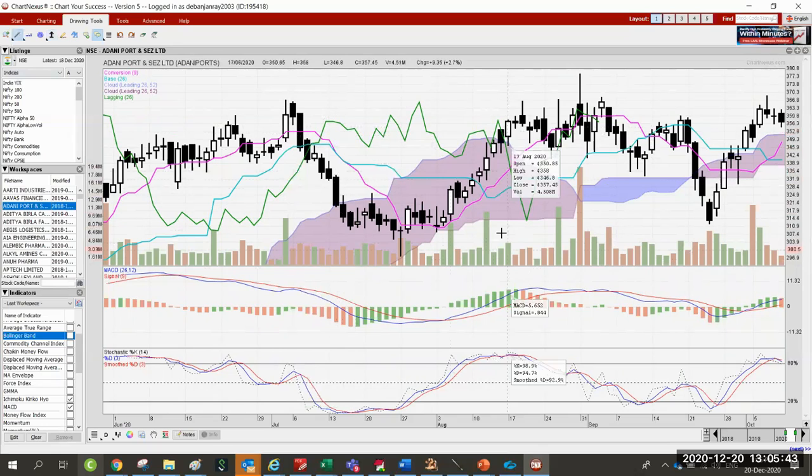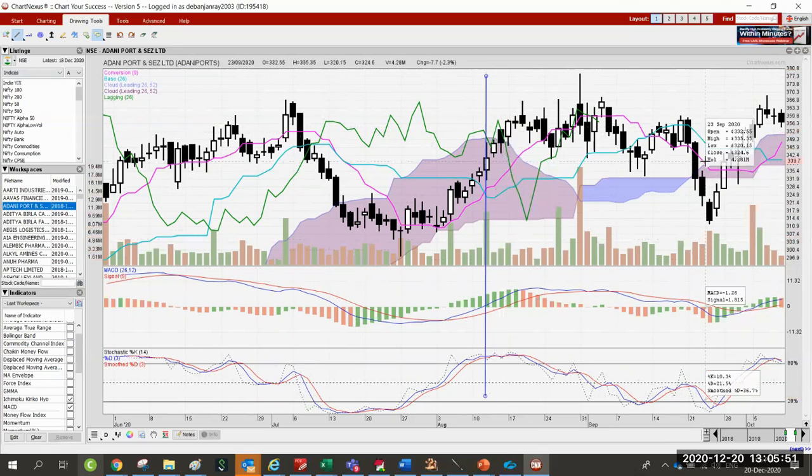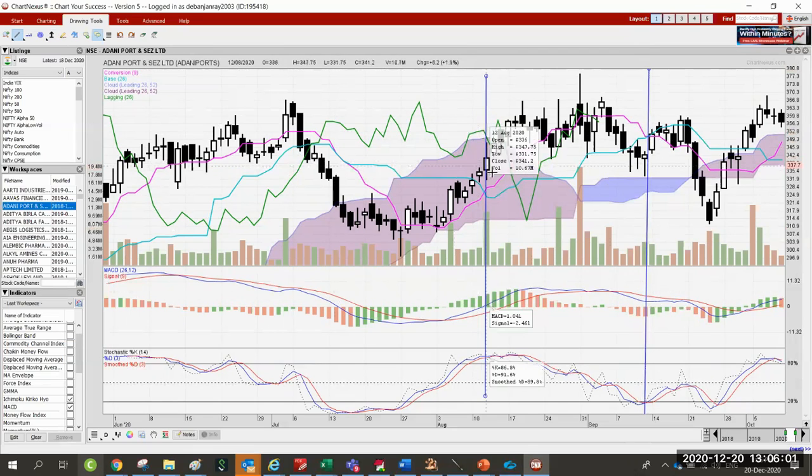Let me mark these 2 points with a line, otherwise it will not be clear. So this is a TK crossover, and then again on this particular date there is a TK crossover. Basically, you will enter at this point and exit at this point because the stock price is moving sideways, so you will not make much money.